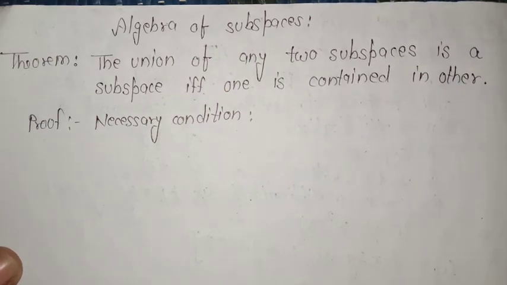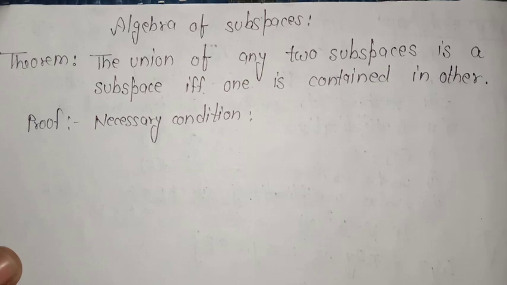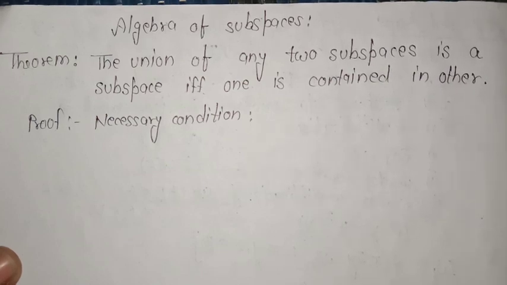In the necessary part, we suppose that W1 and W2 are any two subspaces of vector space V, and W1 is contained in W2 or W2 is contained in W1. And then we prove that W1 union W2 will again be a subspace.